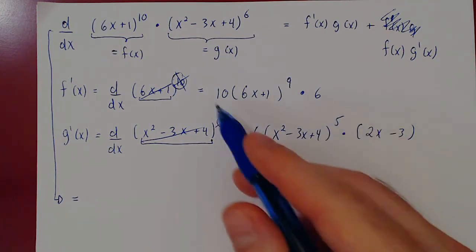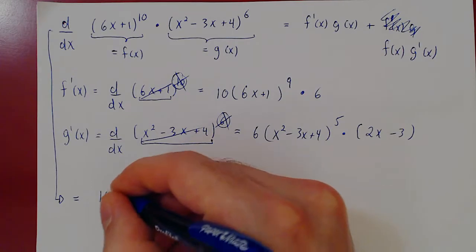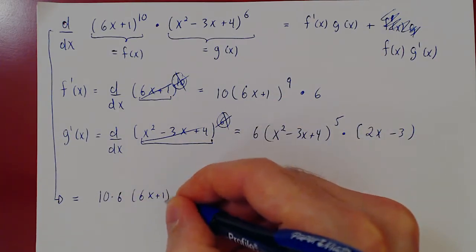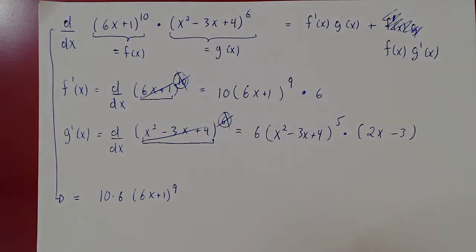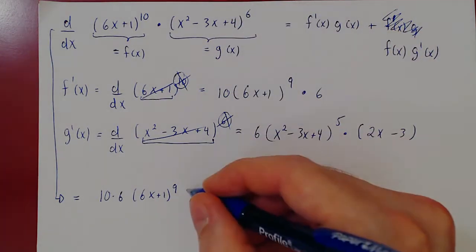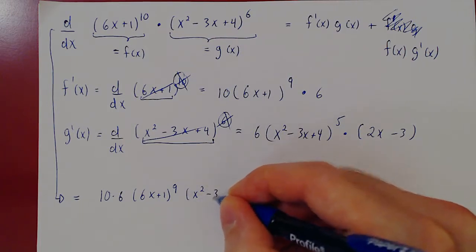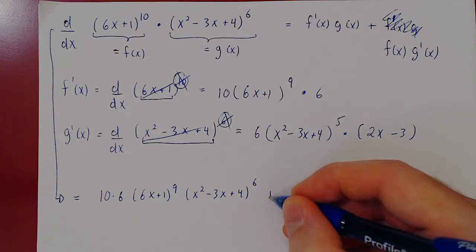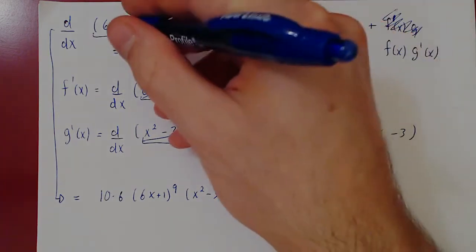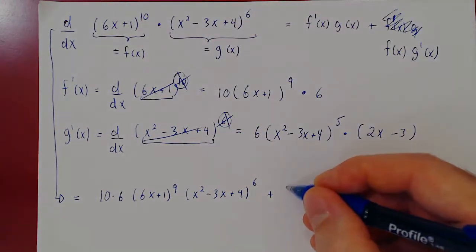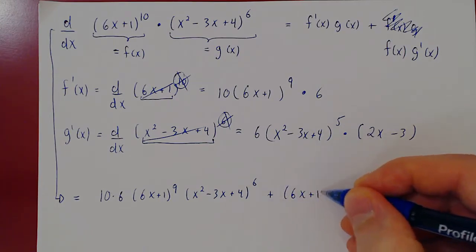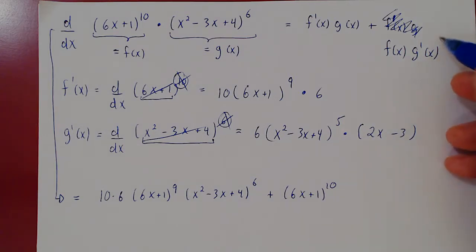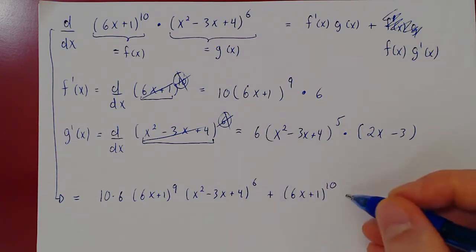So f prime of x, we'll write 10 times 6 times 6x plus 1 to the 9th power. That's f prime of x times g of x, x squared minus 3x plus 4 to the 6th power. Plus f of x, 6x plus 1 to the 10, times now the derivative of g of x, which is 6.